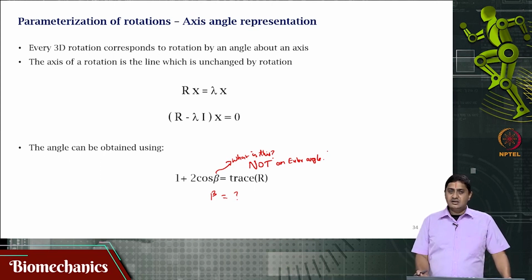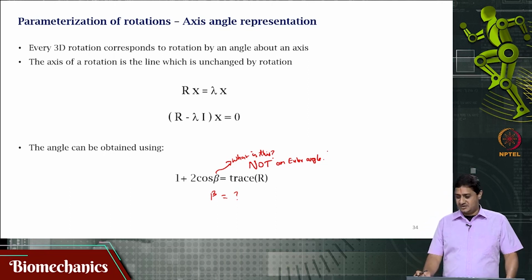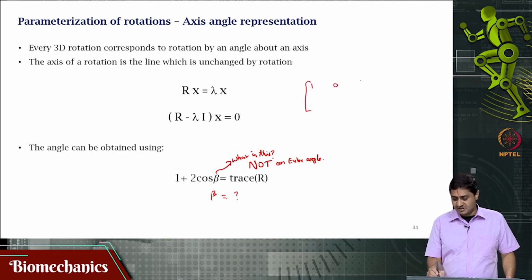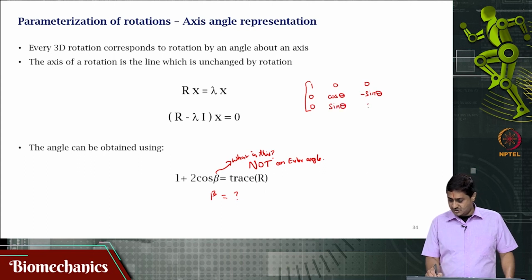Now, let us check if this is true for the simple case when the rotation is happening about the x axis by an angle theta. So, what would be the rotation matrix? We know what the rotation matrix is from the previous class. That would be [1 0 0; 0 cos θ −sin θ; 0 sin θ cos θ].